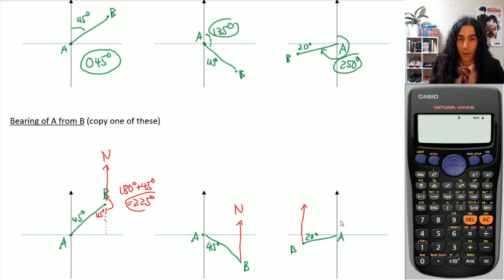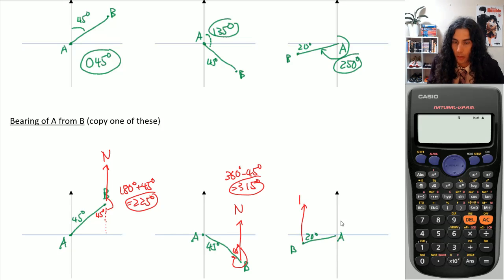That's your answer for that one. For the next one, we got 45 there. Again, alternate angles. So what we could do is 360. It's going round that way. It's almost a full revolution, but not the final 45. So 315.